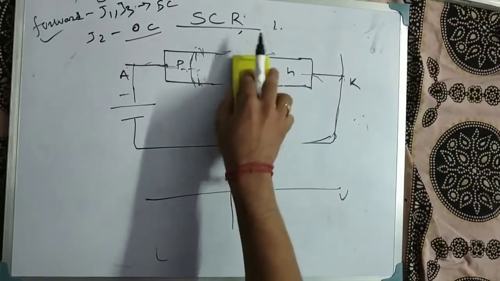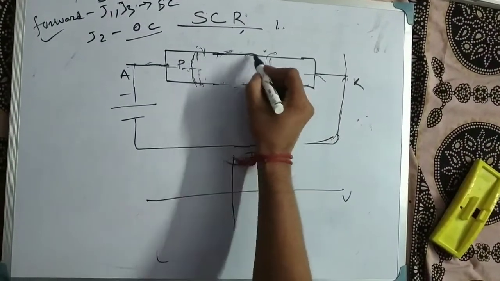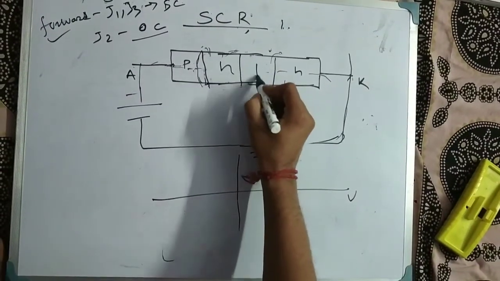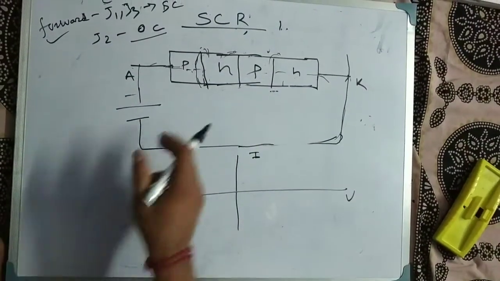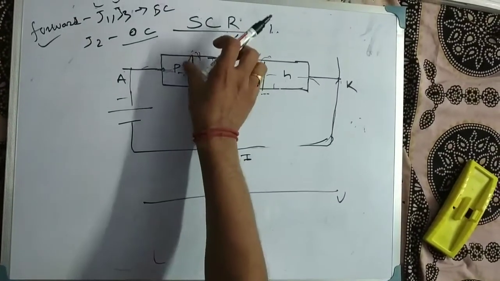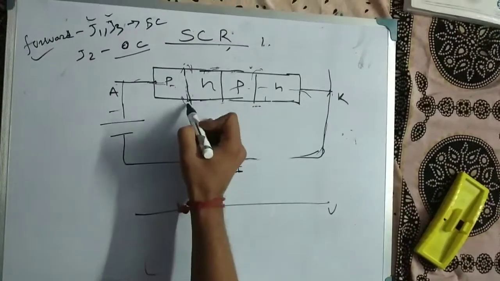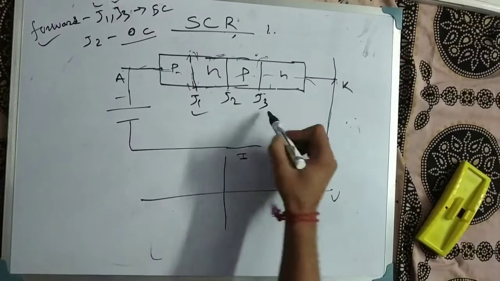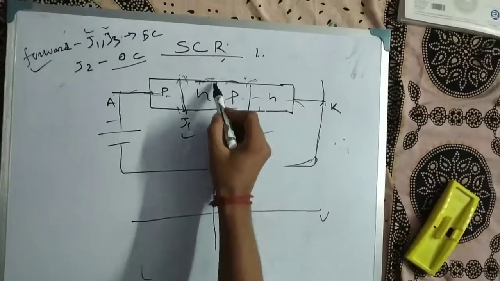Let me write it. We have already seen that when no gate current is supplied, among J1, J2, J3, J1 and J3 are forward biased and J2 is reverse biased.